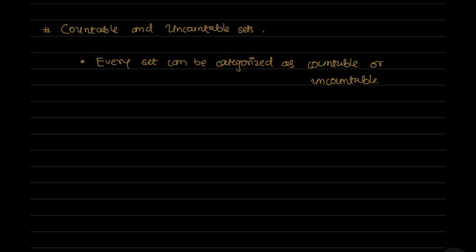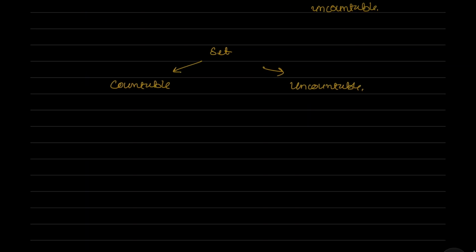So a set can be of two types: one is countable, another is uncountable. Now in countable, again it can be of two types. It can either be finite or countably infinite. We'll understand all these.